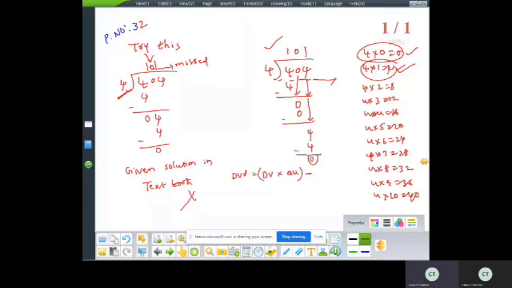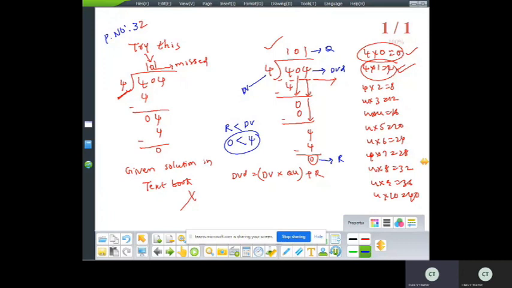Here this is the divisor, dividend, quotient, and this is the remainder. And our condition: remainder is always less than divisor. The remainder is 0. 0 is less than divisor 4. Yes, our process is correct.